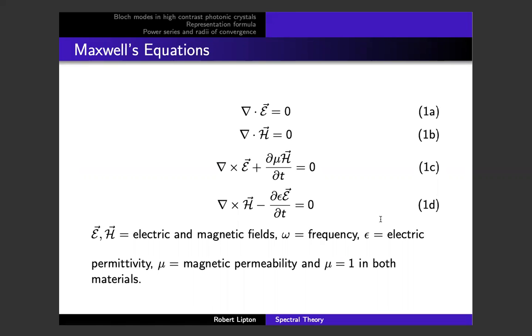When you are non-magnetic, if you divide out by the free space value of the permeability, mu is 1 in both of the materials. So that's a hypothesis we will take for this treatment, that mu will be the same for both materials, but that the permittivity can change between materials.